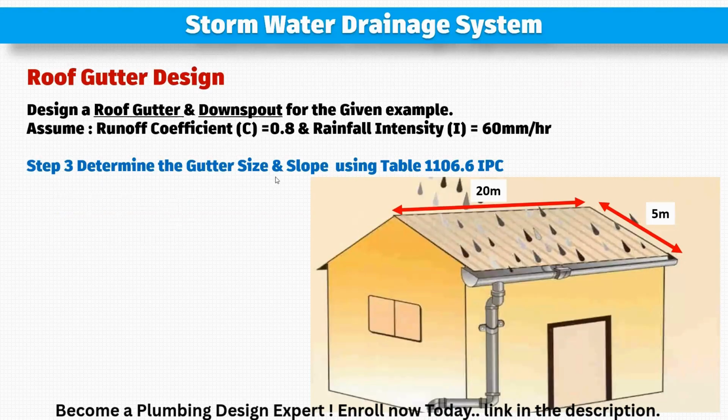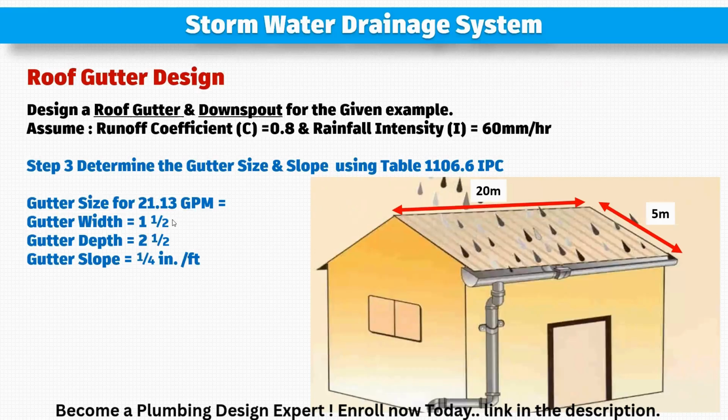So we have to determine the gutter size and slope using table 1106.6 of the IPC, International Plumbing Code. Okay, so according to that table, we get gutter width 1.5 inches, gutter depth 2.5 inches, and gutter slope 1/4 inches per feet. Where is that table?